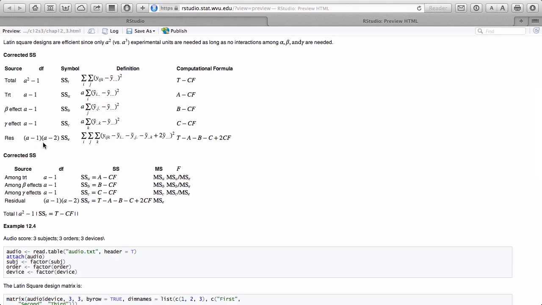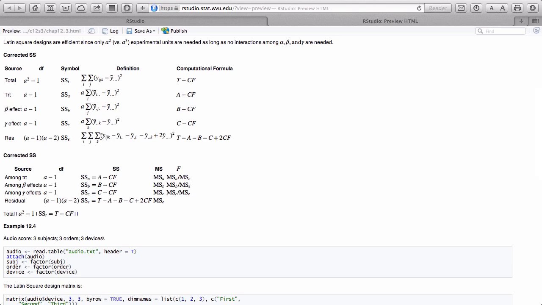And you can then calculate that what's left in the residual is a minus 1 times a minus 2. So the residual can get quite small. If you start out with a as 4, then each of the effects has 3 degrees of freedom, and the residual will be 4 minus 1, which is 3, times 4 minus 2, which is 2. So there are only 6 degrees of freedom.